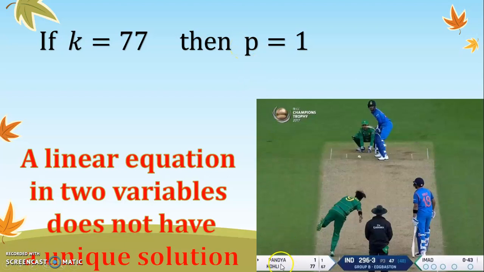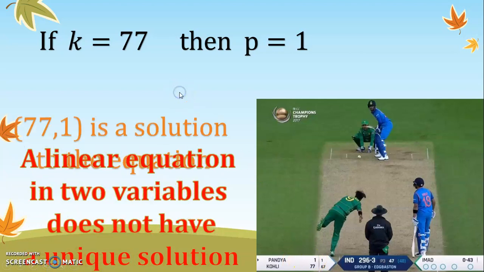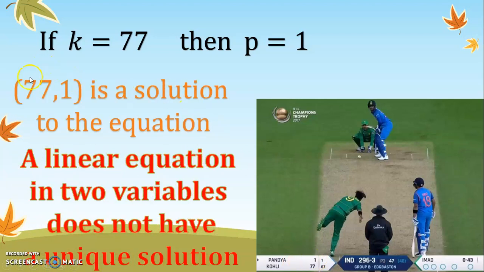So Virat Kohli has made 77 runs, Pandya has made 1 run, and together they have made 78 runs. So 77 comma 1 is also a solution to the above linear equation. So a linear equation in two variables does not have a unique solution.